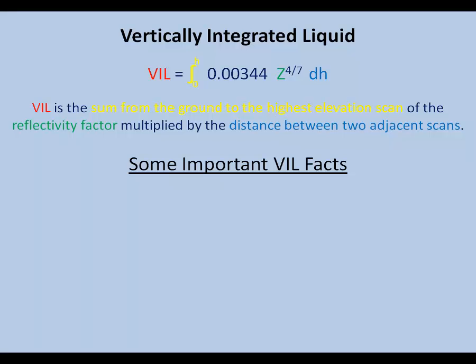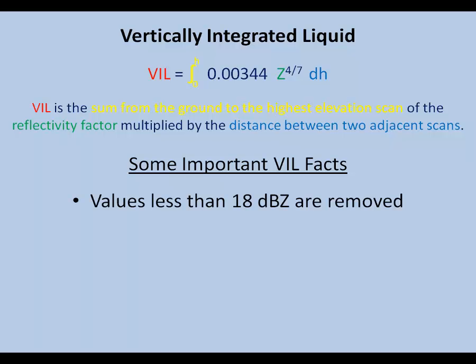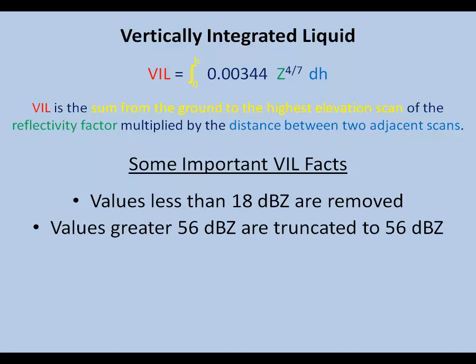How about some important VIL facts when the calculation is made? Fact number 1, any values less than 18 dBZ are removed. That's for obvious reasons. They don't want to include anything that may be bugs or any other anomalous propagation that's on the radar. A big one, anything greater than 56 dBZ is truncated to 56 dBZ. Okay?